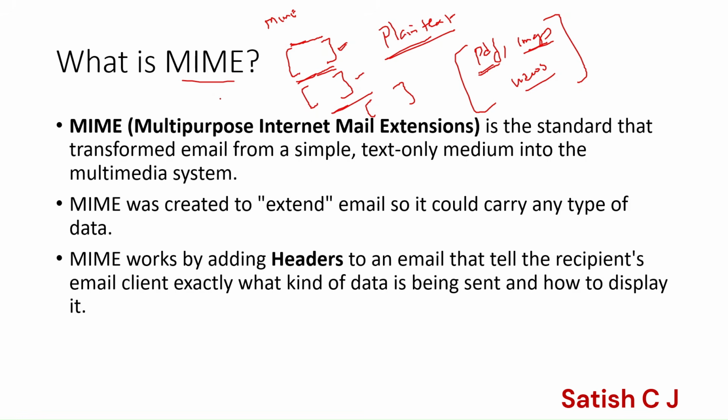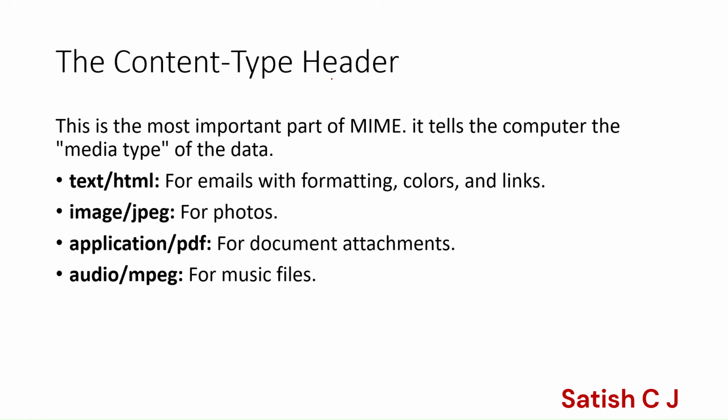So let us take a look at the content type header. This is what I was telling you. When the content is plain text or HTML, you're going to have the content type to be text or HTML. When the content that is coming in is an image, say the user has attached an image, the content type header will have image or JPG. And application or PDF is the content type for any PDF documents that come through the mail as attachments, and audio or MPEG for music files.